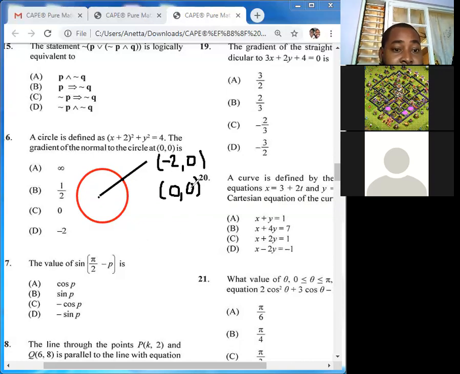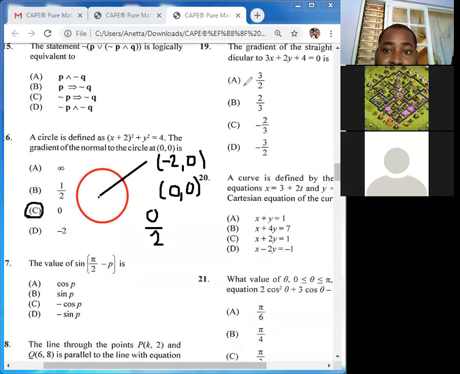There's no rise, there's no change in y. So it's 0 over a run of 2, or -2. Really doesn't matter what the run is. Rise over run, 0 divided by any number is going to be 0.